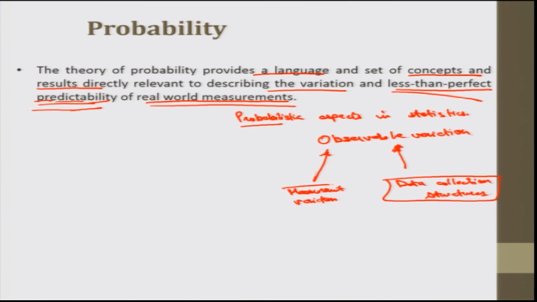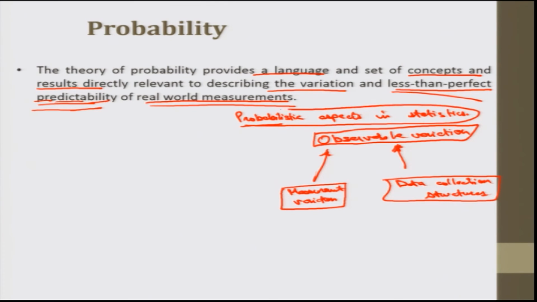So both of these lead to the observable variation through the probabilistic aspects in statistics. I can even put it this way: the observable variation can be decomposed to quantify the important sources of measurement error, various sources here.